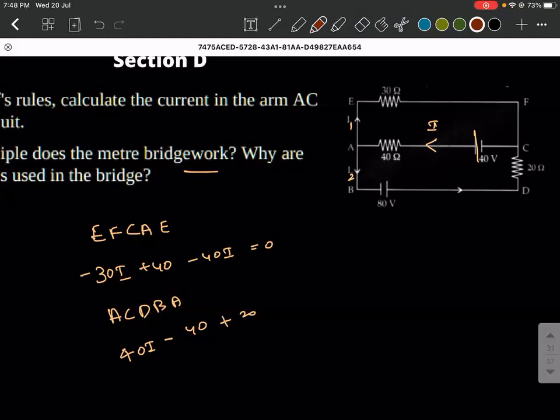Correct now, plus 20 I2 minus 80 is equal to 0. Okay. But we need to find this I. So on the I you need I1 and I2 first. So take the third loop, you will have 3 unknowns, 3 equations to solve for it.